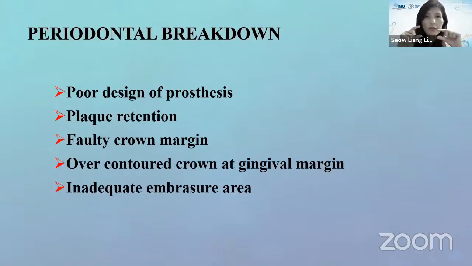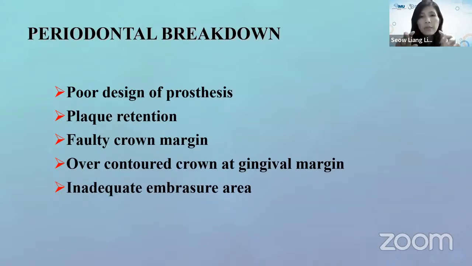Sometimes because of the short clinical crown height, the connector area need to have adequate dimension to avoid fracture. For example, for metal, normally we say 2 by 2 by 2. Meaning to say occlusal gingiva about 2 millimeter and the bucco-palatal 2 millimeter as well.